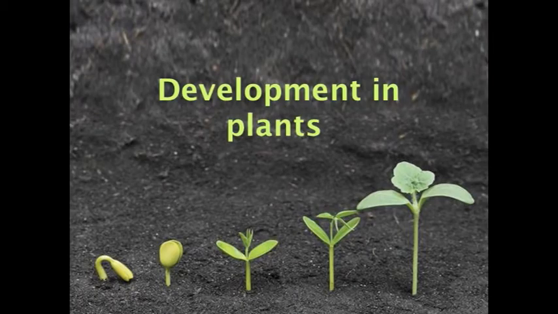Next, let us see development in plants. Development, on the other hand, is defined as the sum total of growth and differentiation. Development in plants is governed by both environmental and internal factors.